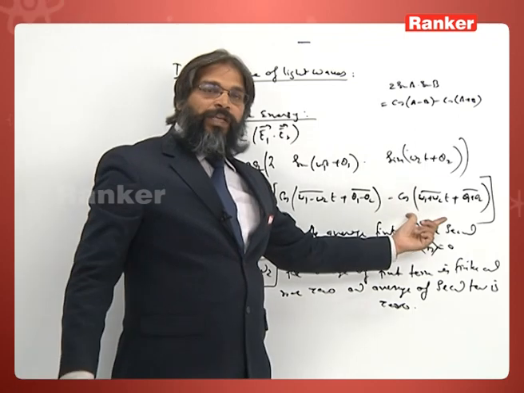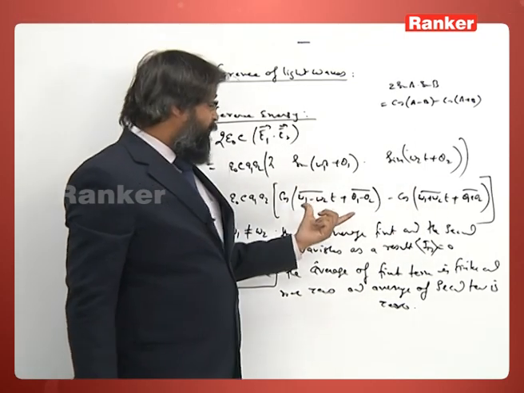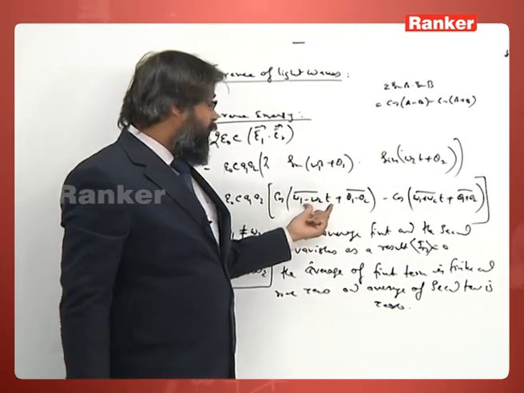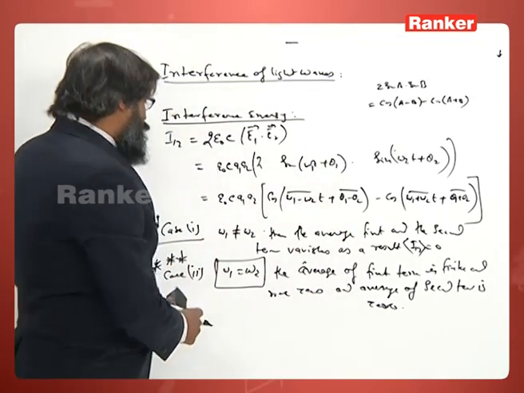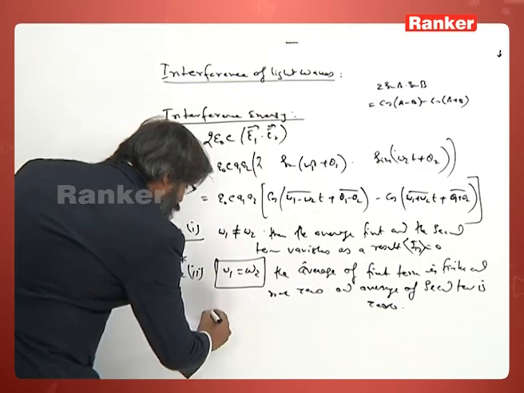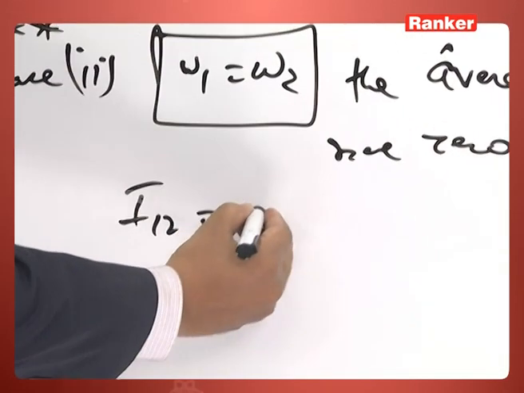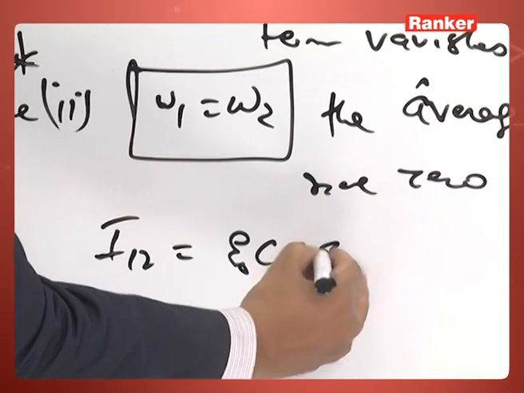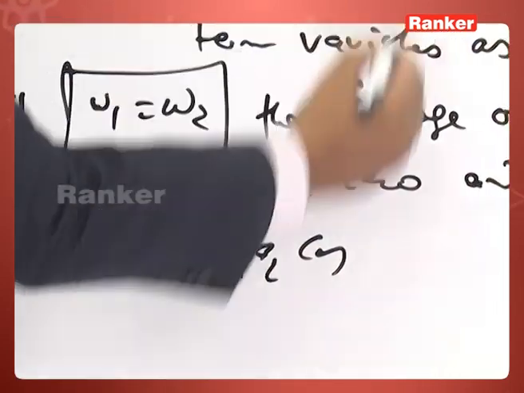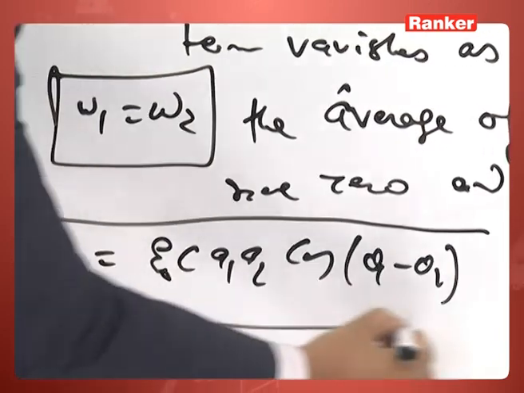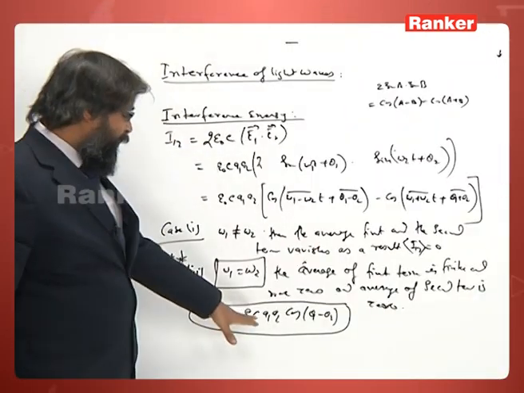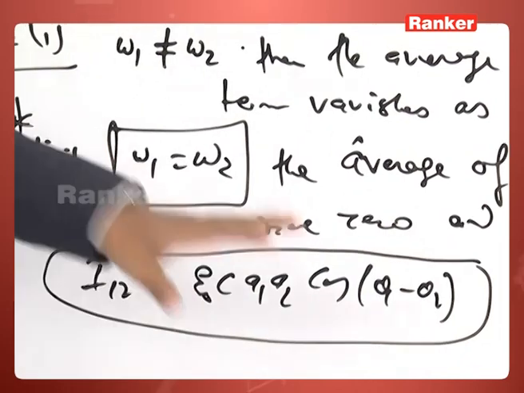This term gives 0 average, and this term gives a finite value, that may be 0, may not be 0. So, it is a finite value we will get. So, in that case, we will write I12 is epsilon naught C A1 A2 cos(theta 1 minus theta 2). That is, the interference energy is this much. This is a very important term.